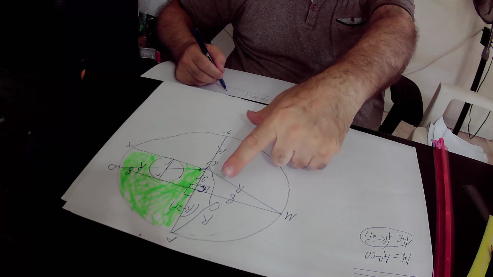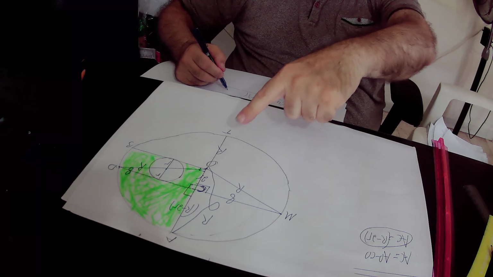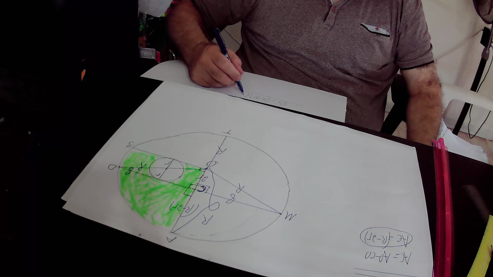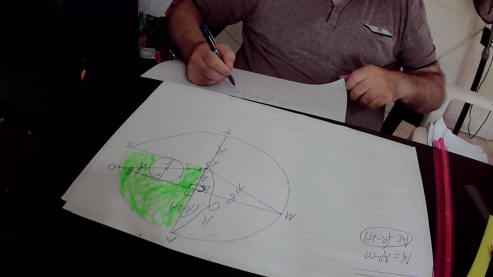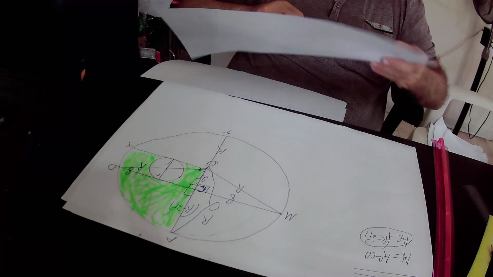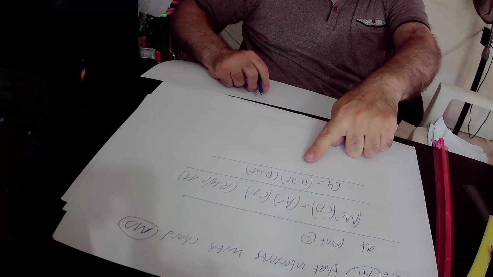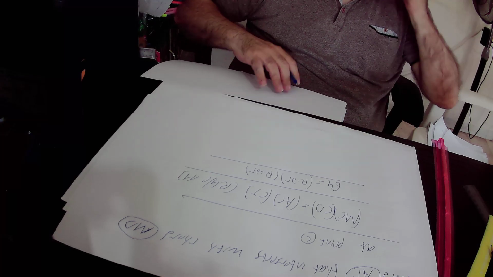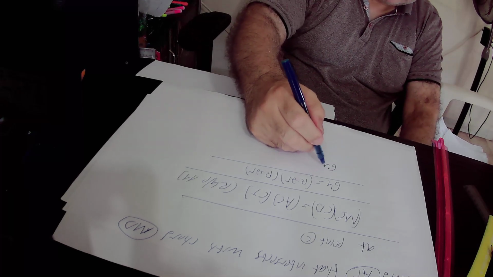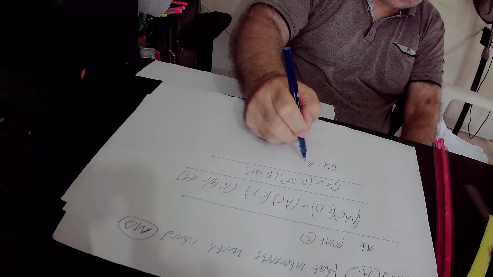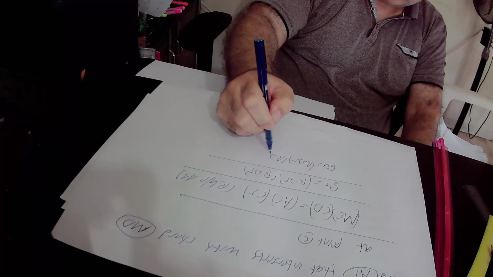It is very easy to see from the drawing that CT equals 2R plus capital R. So according to rule number 11, we found out that 64 equals capital R minus 2R times capital R plus 2R. So 64 equals capital R plus 2R times capital R minus 2R.